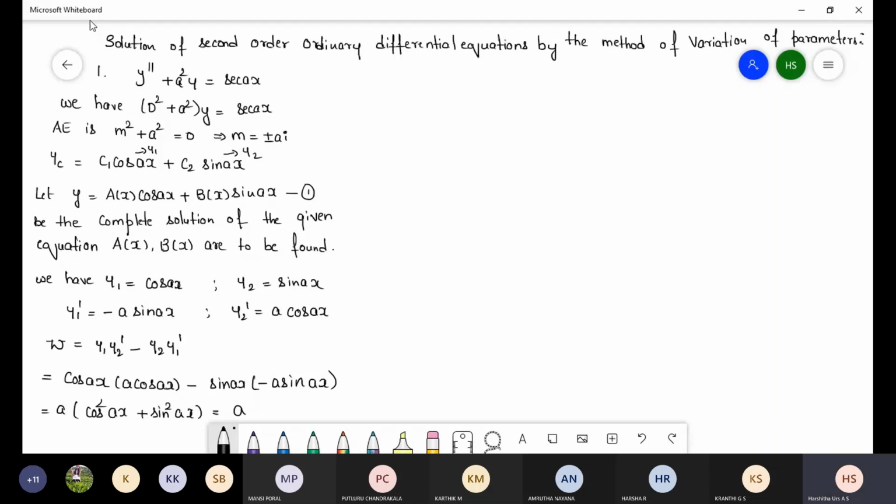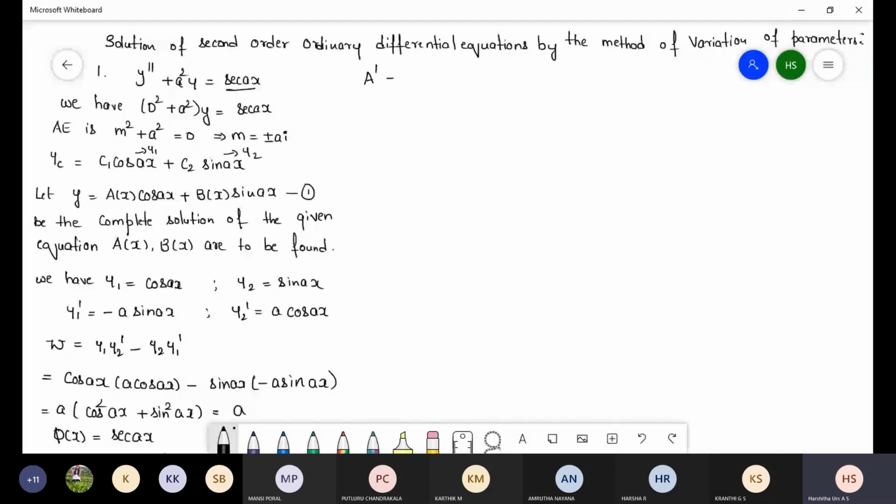Now the right side they have given, we can call it phi of x, is equal to secant ax. Phi of x is equal to secant ax. After writing, now we have to find A of x and B of x. Next procedure is to find A dash.